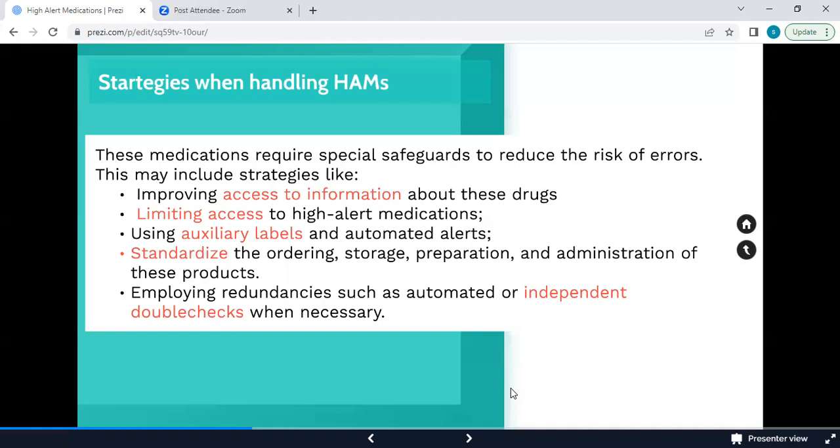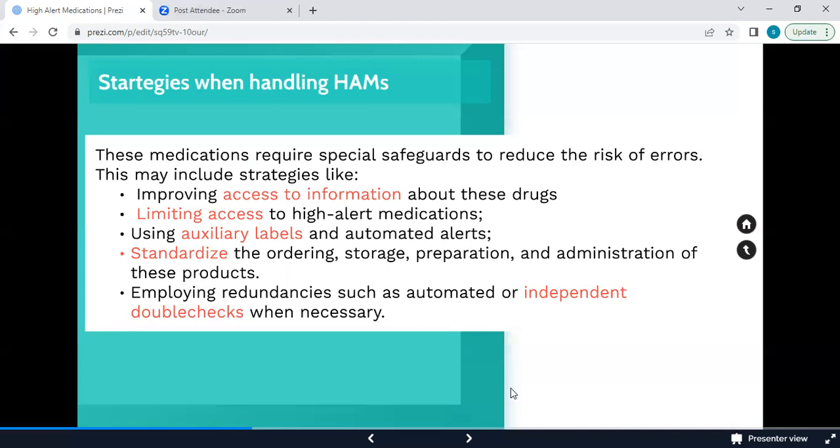So limiting access of high alert medication, for example, I have to make sure that I have phytomenadione, vitamin K, in the crash cart in case the patient is bleeding. For example, sodium bicarbonate, and so on. So it has to be in places where it is clinically necessary. For example, concentrated electrolytes: there is no need to leave concentrated electrolytes in the wards. It has to be limited to certain areas in closed, locked cupboards.